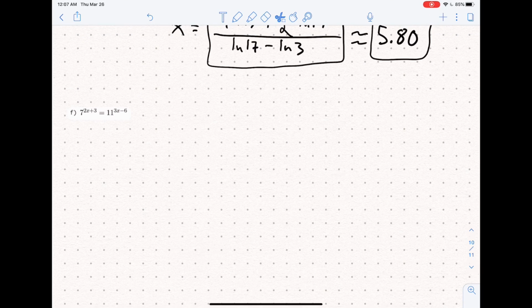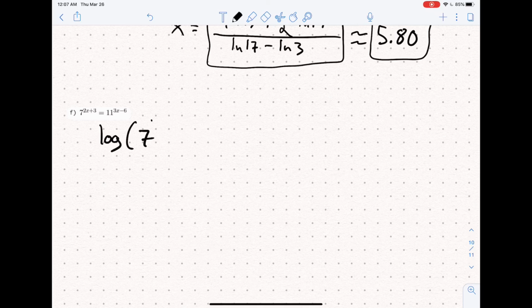Okay, F. 7 to the 2x plus 3 is equal to 11 to the 3x minus 6. What do we do? Well, we take the log of both sides. So we have that the log of 7 to the 2x plus 3 is equal to the log of 11 to the 3x minus 6.